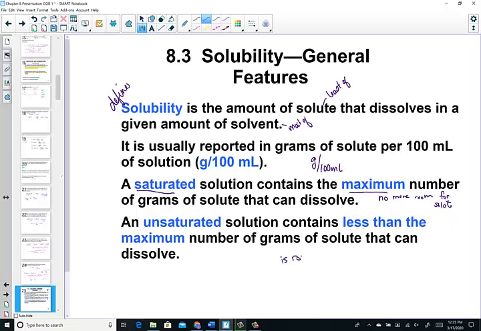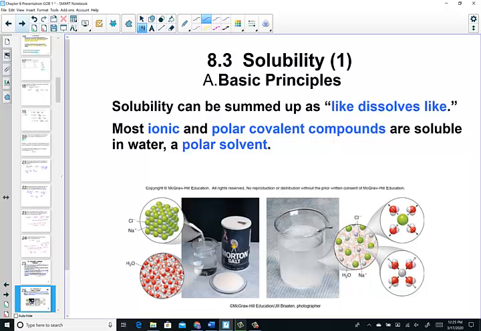There is room to dissolve more. So when I think about saturation, if a solution is holding as much as it possibly can, we call it saturated. If it has room to take in more, we call it unsaturated. And the units we use to define that are grams of solute per 100 mL of solution.